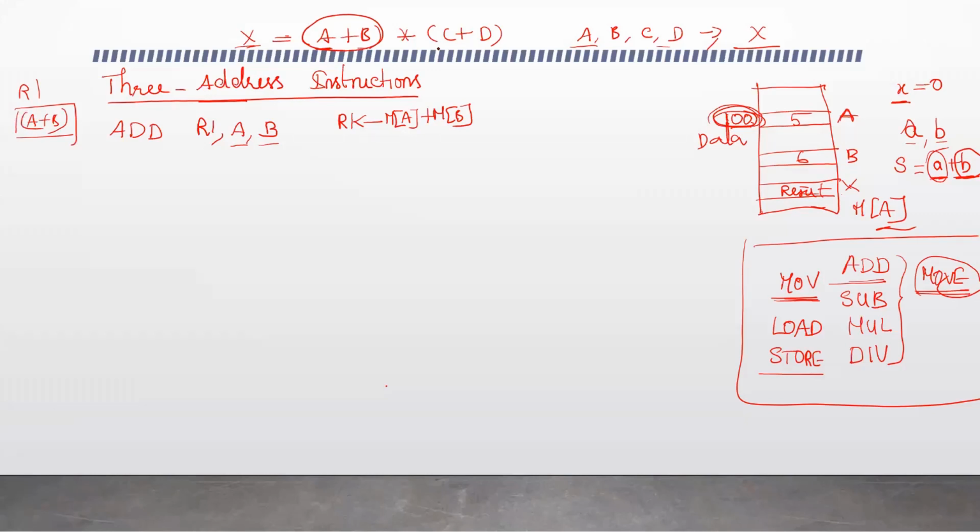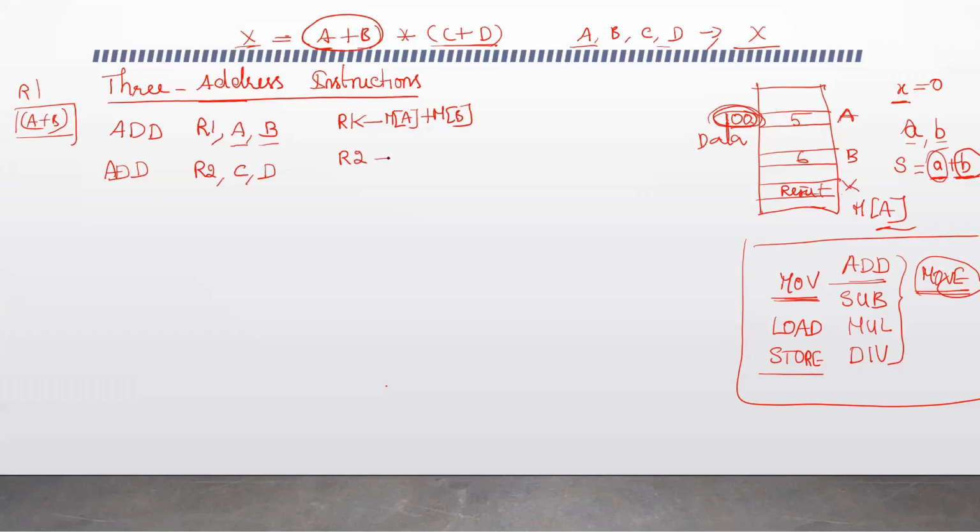And what is the next part? The second part of the expression is C plus D. So how do we write the instruction using 3 address fields? We write add R2, C, D. We need to add C and D and store it in some temporary general purpose register R2. So this instruction adds the content of memory words C and D and stores the result in register R2.